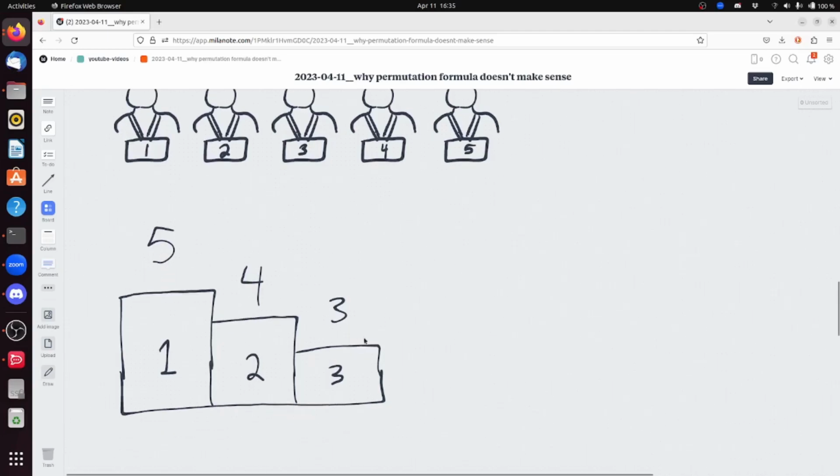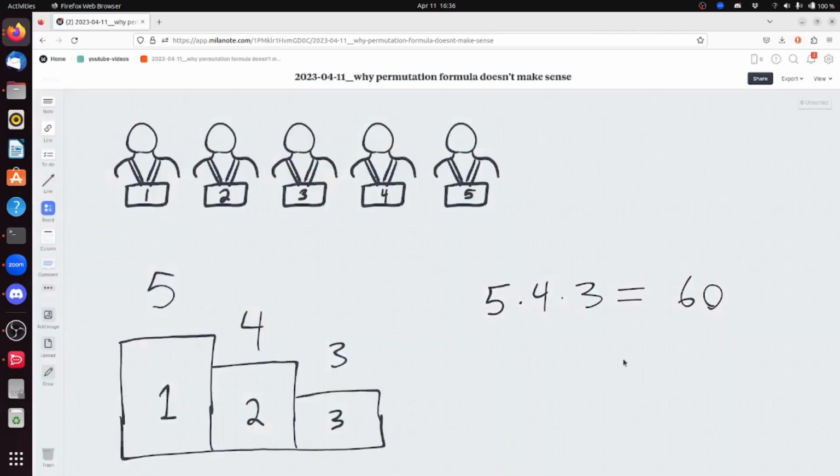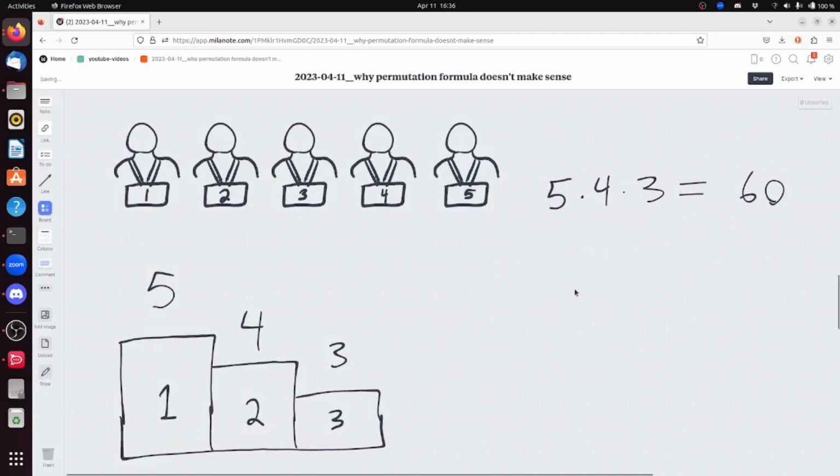So the way to think about this is that we should multiply them all together. If we multiply 5 times 4 times 3, then that would equal 60, and that is the correct answer in this case. So there actually are 60 possibilities to think of, which is a lot, maybe more than you would think.